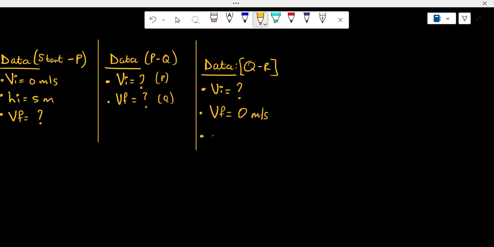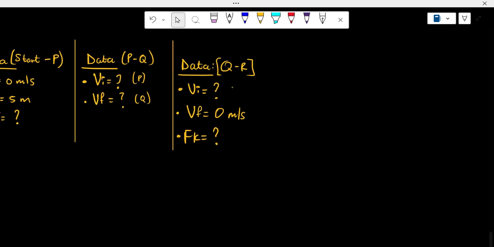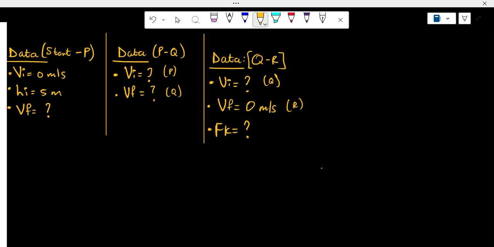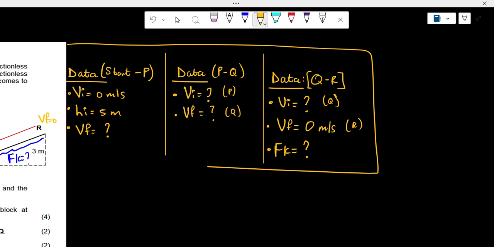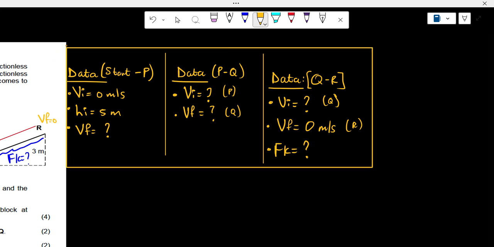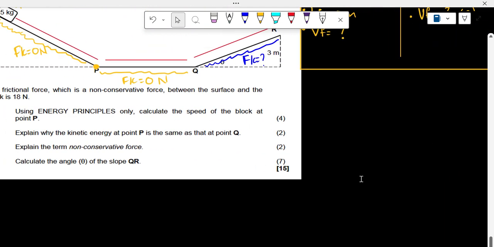We are also told that there is a certain value for friction that is unknown in this case. The initial velocity is at Q, and the final velocity is at R, so it's very important to denote such things. This is my data for the entire question, and I'm going to use this data on different parts of this question as I answer them.